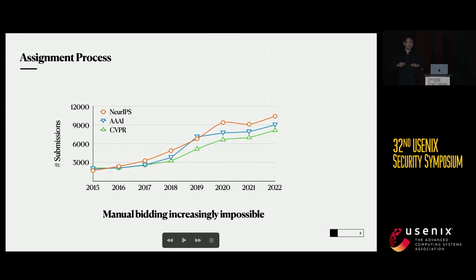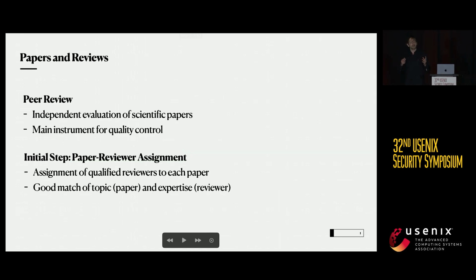This happens, for example, by bidding. Reviewers bid on the papers they want to review, and then they get assigned to the papers they want to do.